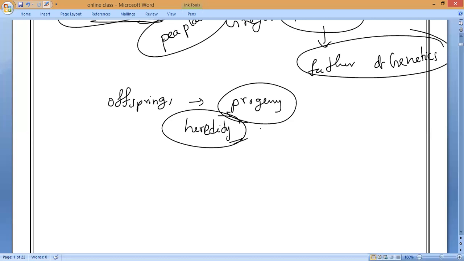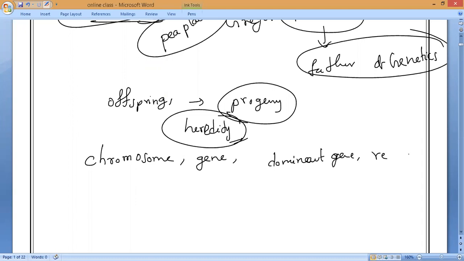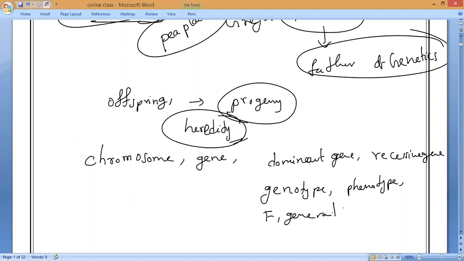In this, the first term you have to remember is chromosome, which is not new to you, but we have to know it. And we need to know the gene, the dominant gene, the recessive gene, the genotype, the phenotype, the F1 generation, and in the same way the F2 generation.